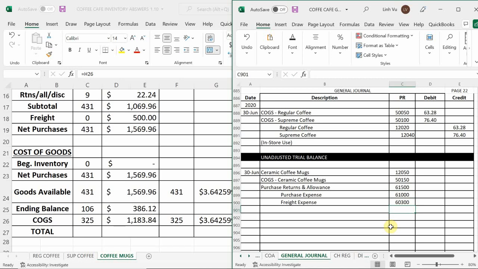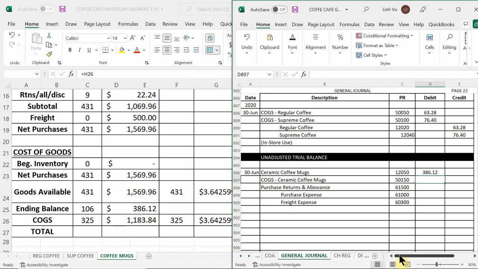Okay. So let's fill in our numbers, okay? Let's start with the ending balance. What's my ending balance in my ceramic coffee mugs? $386.12.